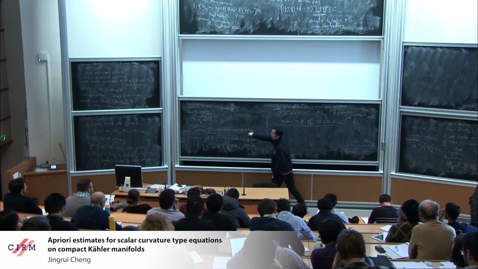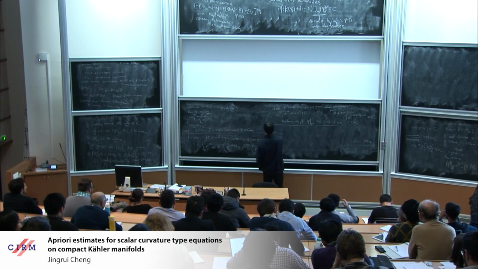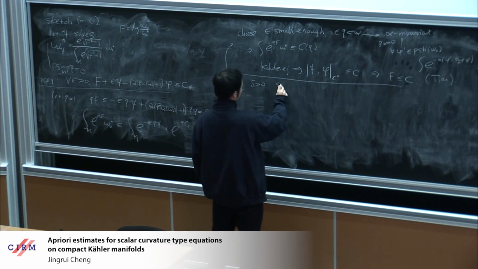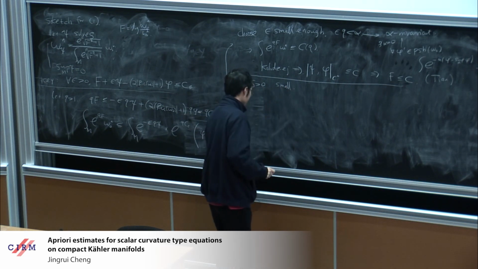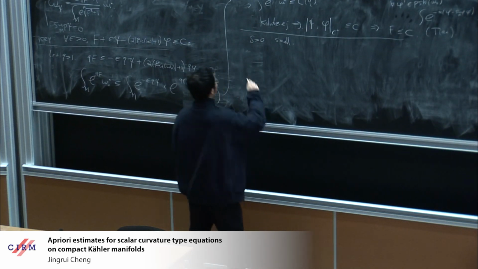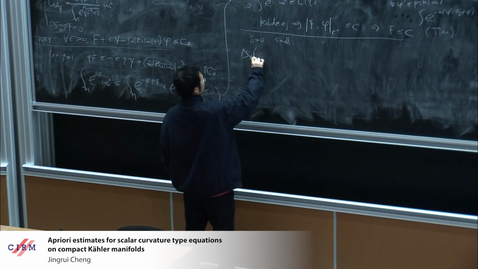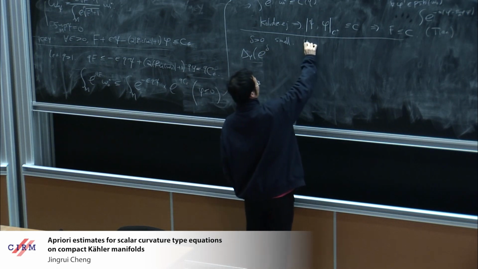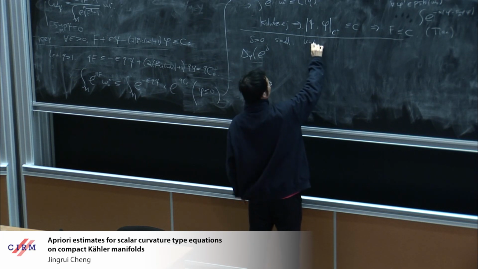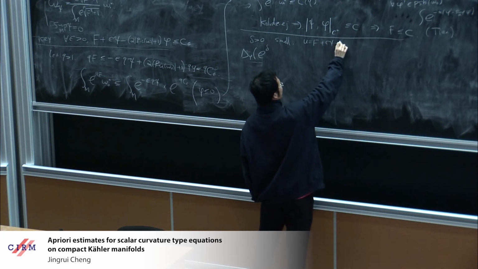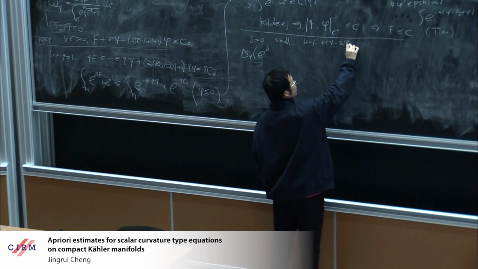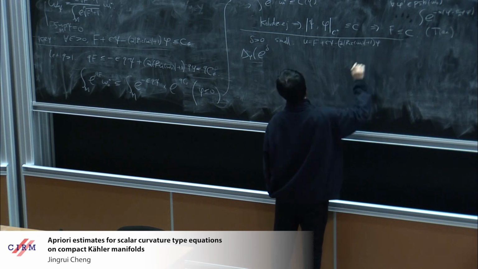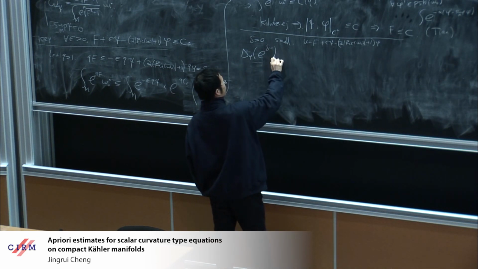We will let delta be a small constant, and then we compute the Laplacian of the quantity. Let's denote u to be that thing, plus epsilon psi minus twice the Ricci bound of the background metric plus 1 times phi, and then we compute delta u.